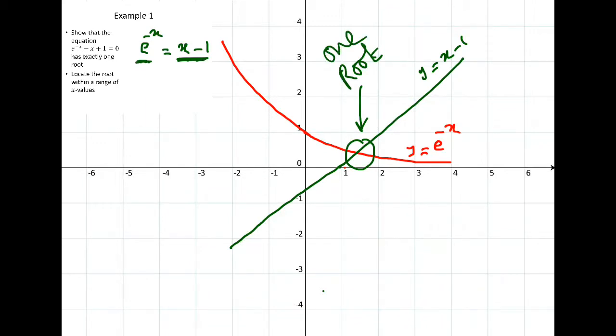So the root lies between 1 and 2. It's bigger than 1 and smaller than 2. So only one root for x between 1 and 2. All we've done is to plot these two. We plotted this graph, and that's y equal to e to the minus x, and this is a straight line.